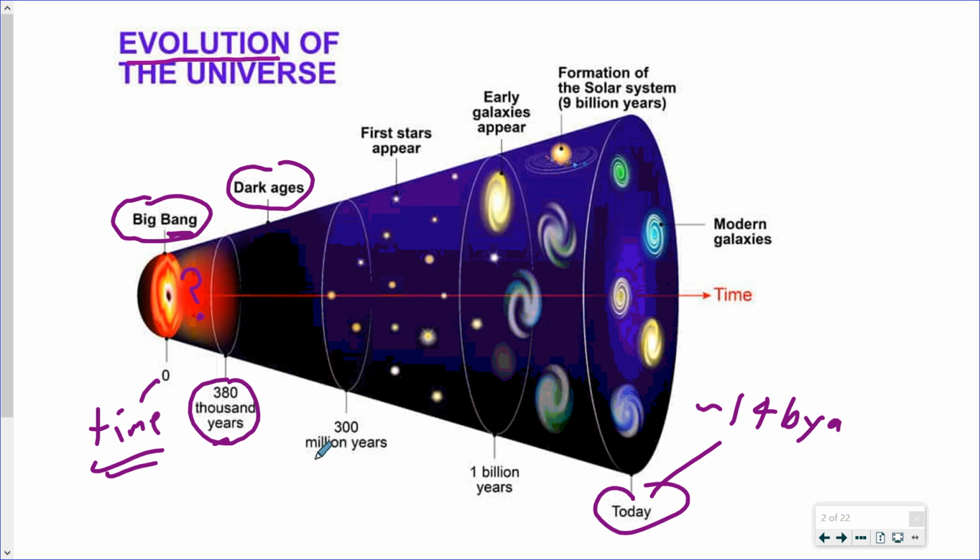Then after about 300 million years after the Big Bang, first stars start to appear, early galaxies, the formation of solar systems, including ours, about 9 billion years ago, and then where we are today with the various modern galaxies, like the spiral galaxies showing in the picture here.